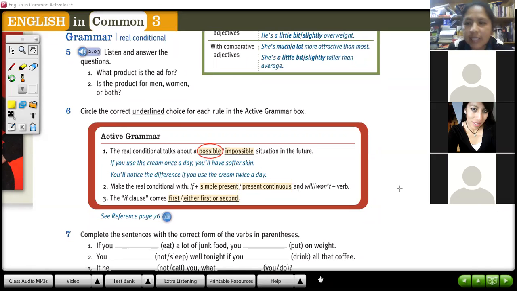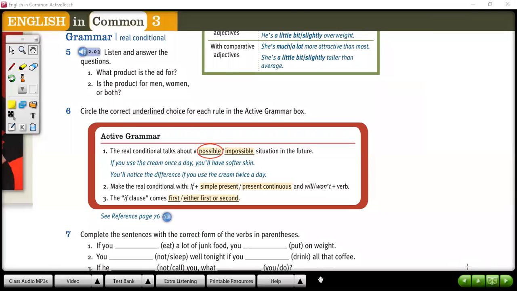Example 1. Read please, Catherine, Christina, or Aileen, Maribel, Mary. Read number 1. If you use the cream once a day, you will have softer skin. As you can notice, here we have two clauses.